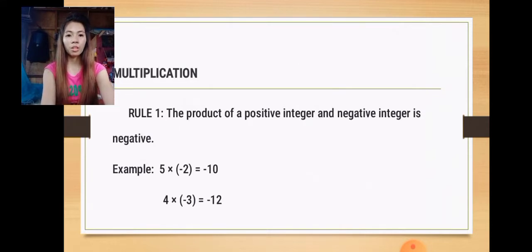Multiplication. Rule number 1. The product of a positive integer and a negative integer is negative. For example, 5 times negative 2 is equal to negative 10. The second example is 4 times negative 3, which is equal to negative 12.